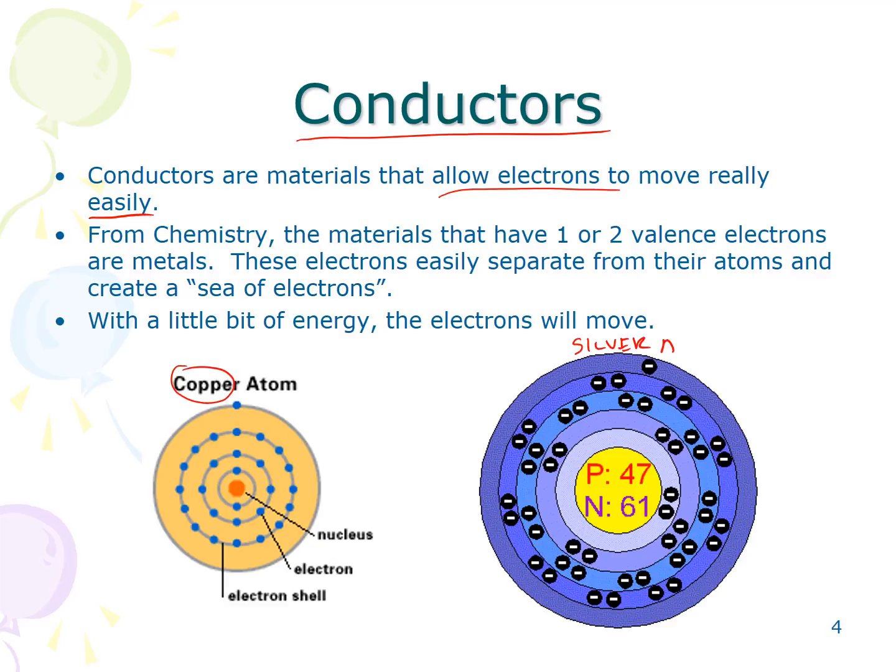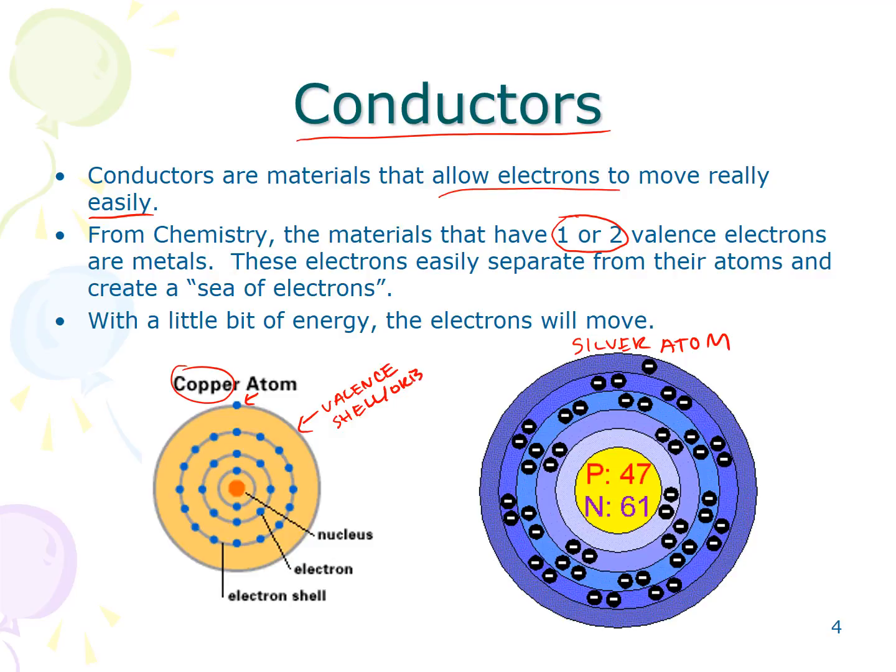In general, for these conductors, in order for the electrons to move easily, usually they have 1 or 2 valence electrons. If you notice in these materials, in the outermost layer, there's 1 valence electron in this outer electron shell, the valence shell, or valence orbit, whatever you want to call it.